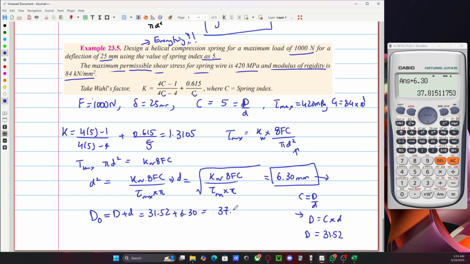So 37.82 millimeters. This is our D outer, right? So yeah, okay. That was 5, yeah. Okay. So the outer diameter is 37.82. Okay, so that's one thing we can add.